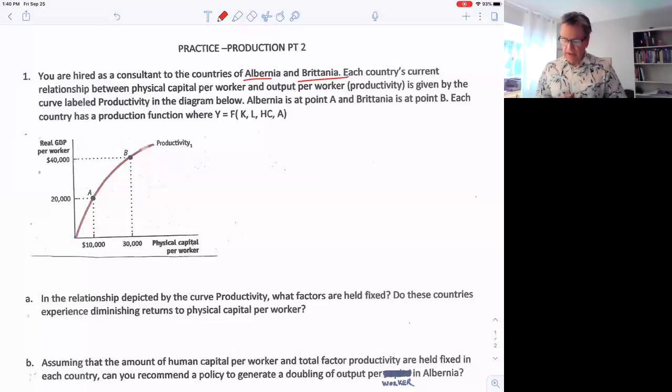Each country's current relationship between physical capital per worker, little k, and output per worker, little y, is given by the curve labeled productivity. So we have little y over here and little k over here.